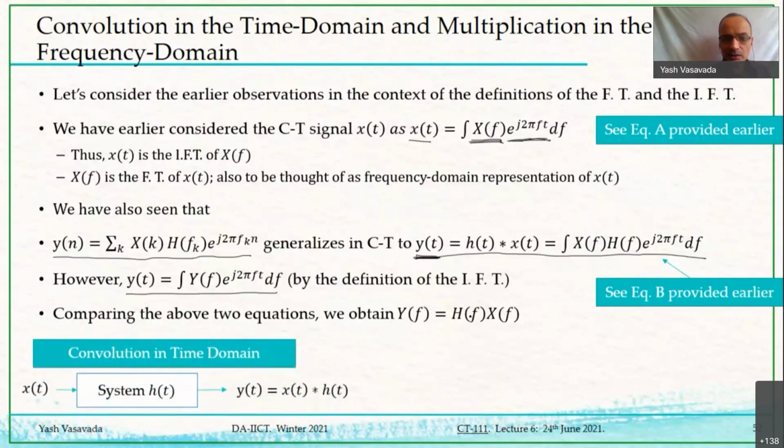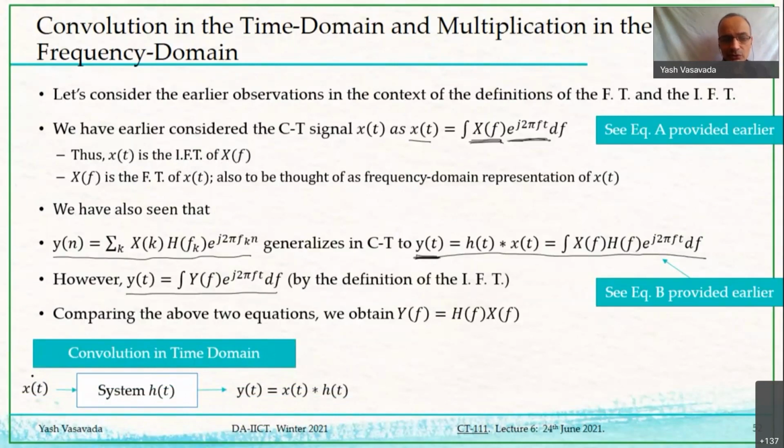But this y of f, h of f, x of f, we have said earlier that they are the Fourier transform of y of t, h of t, and x of t.